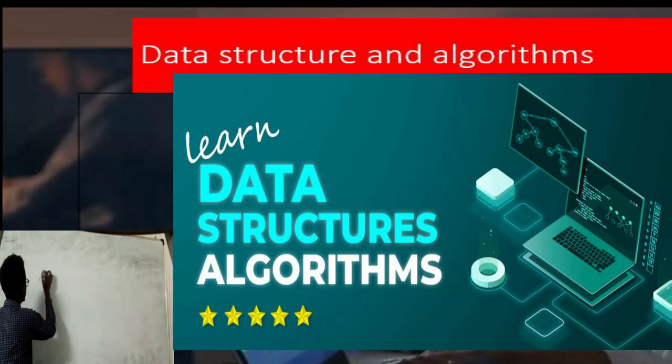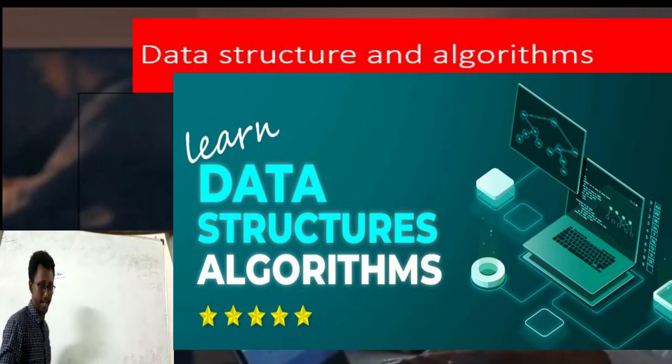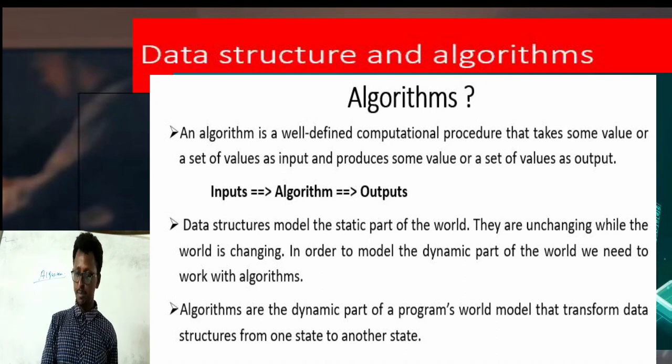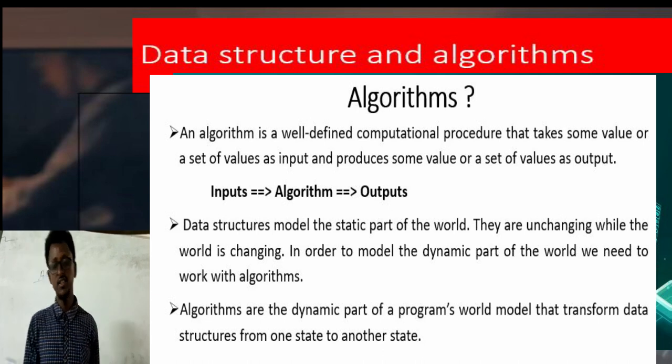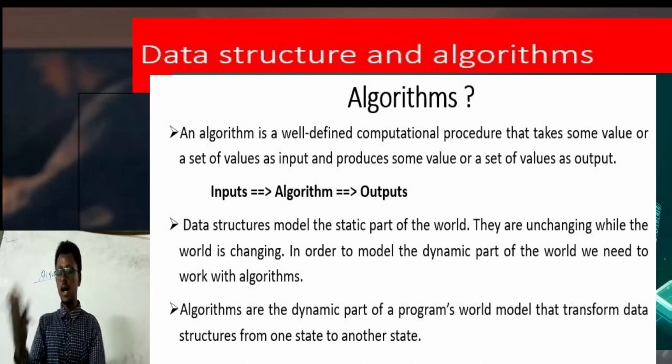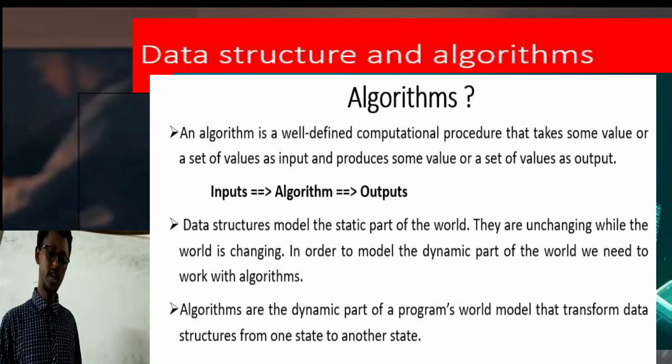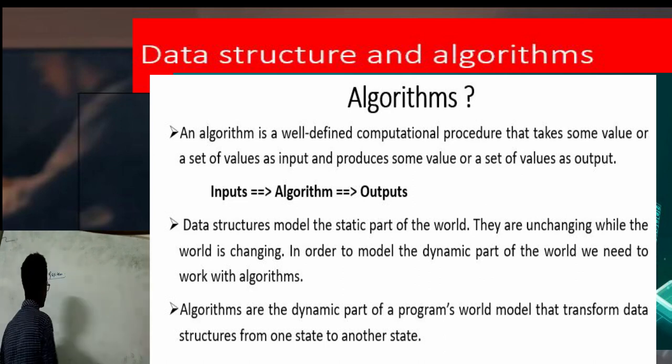An algorithm is a well-defined computational procedure, steps, or sequence of instructions that take some value or set of values as input and produces or gives output. This is what we call an algorithm.